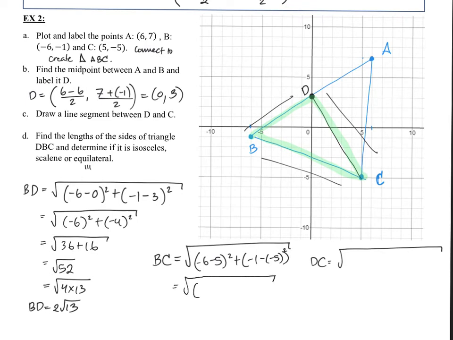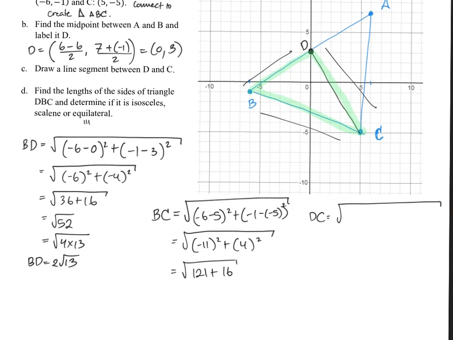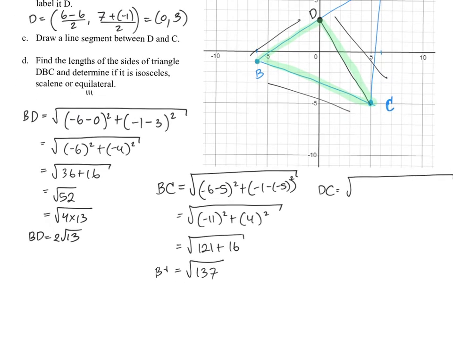So that will be -11 squared plus 4 squared, which will be square root of 121 plus 16. What is 121 plus 16? Let's type that into the calculator. We get 137. And can we simplify that? 137 actually ends up being a prime number. So we're done. That is as simple as it can be.